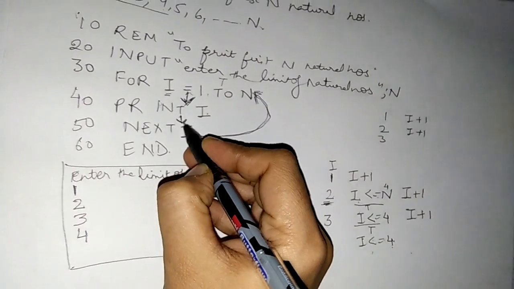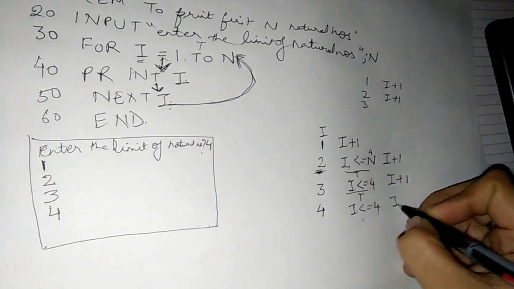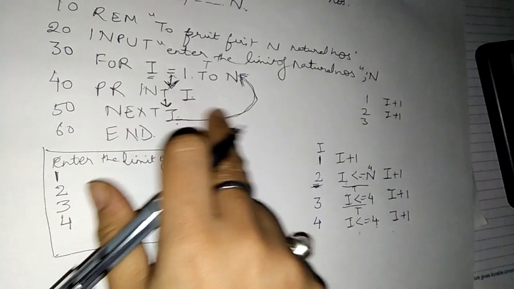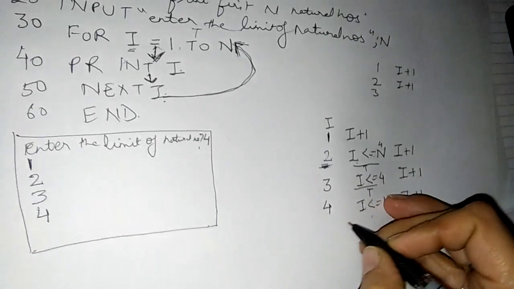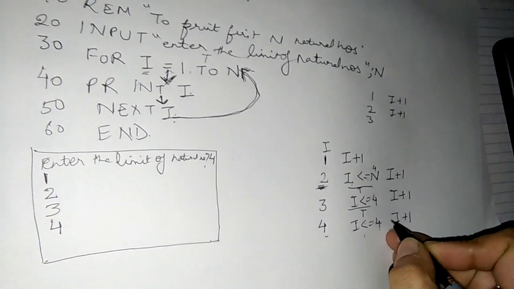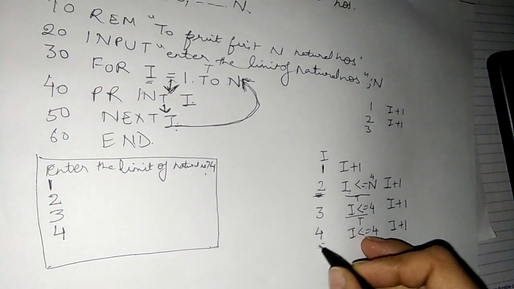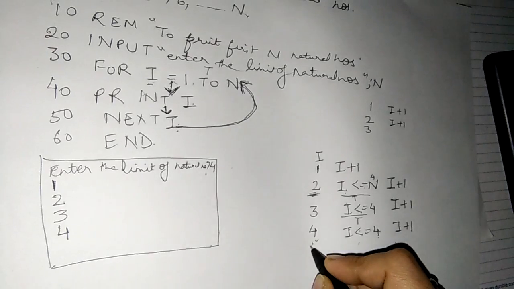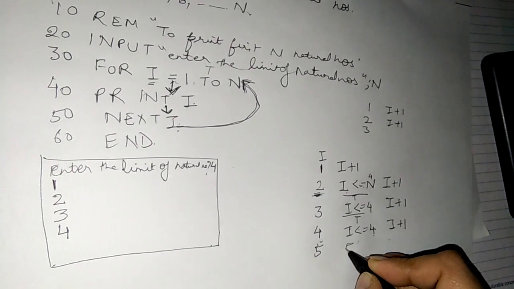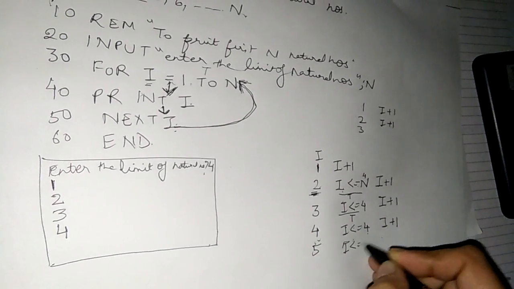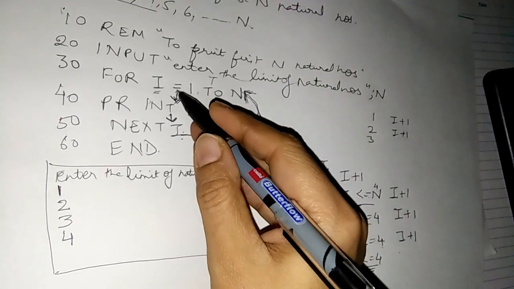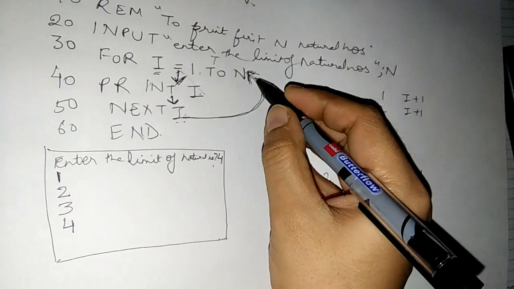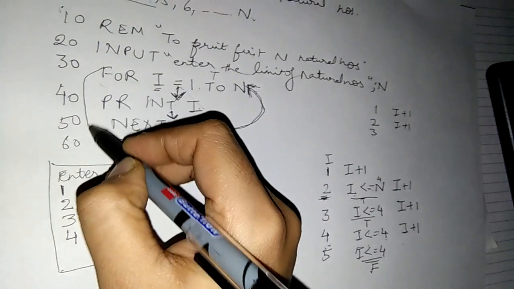Again NEXT I means increasing the value of I by 1, so it becomes 5. Now it will check I is less than or equal to 4. When it becomes false, it will not enter the loop. It will directly go to END.